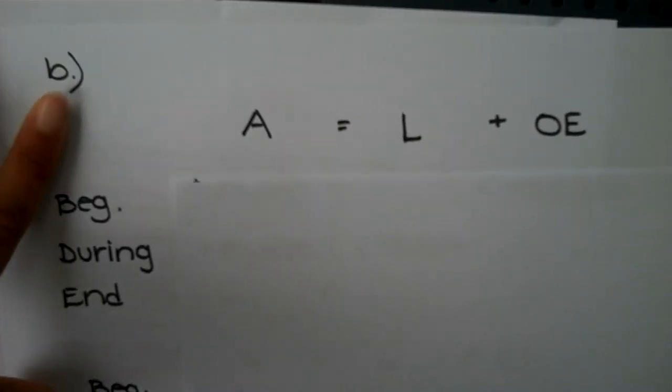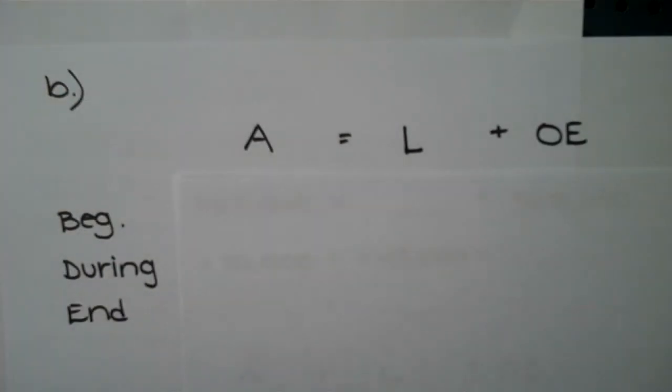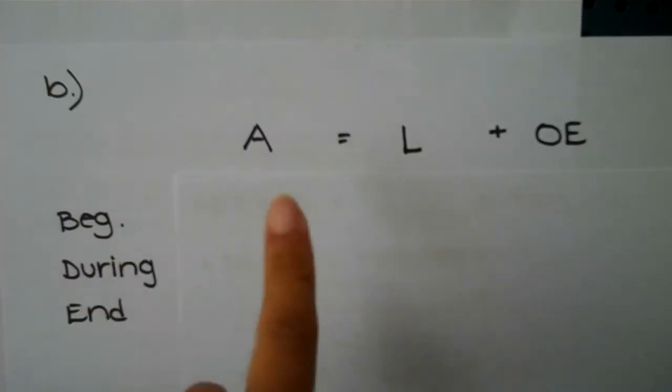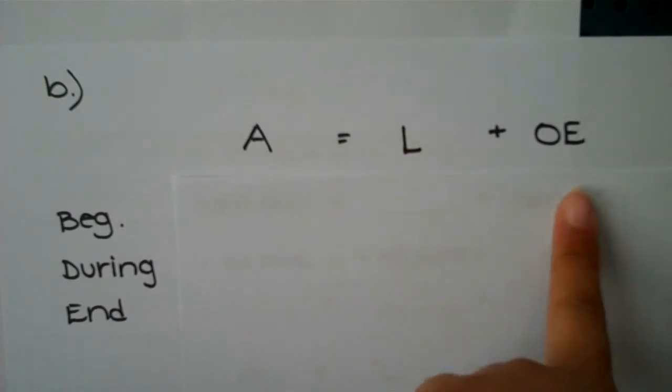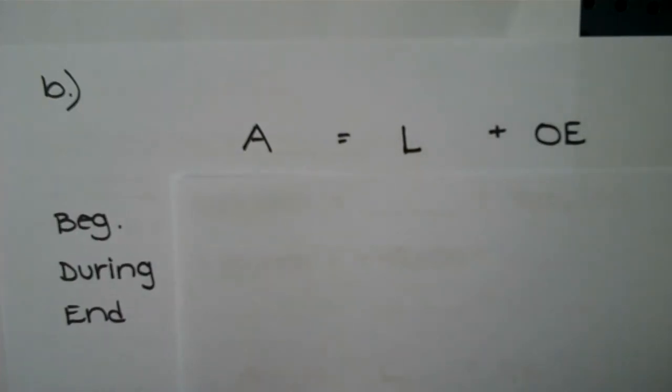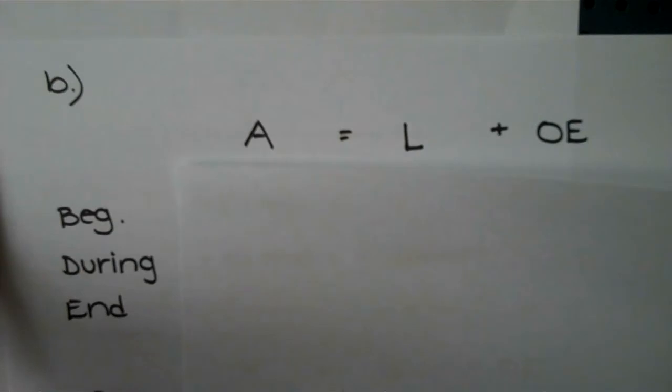One for the beginning of the year when they give you those beginning figures, the second for during the year, any changes that happen throughout the year, and then the third row will be for your ending balance of the year. And basically you're going to start by just reading the problem and filling in all the information, putting it in the appropriate space, either an asset, liability, or owner's equity, and when that change happened during the year.